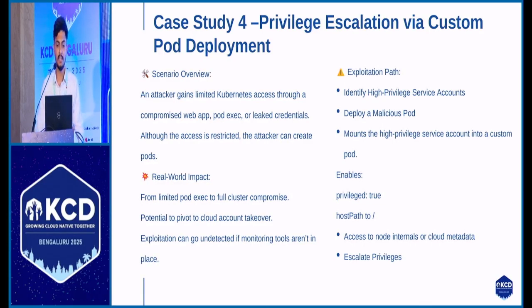Case study 4: privilege escalation via custom pod deployment. As I said previously, if you got access to one of the pods and are not able to go further, because you are bounded by multiple security issues or role-based controls, one thing you can do is create your own pod, with the highest privileges.